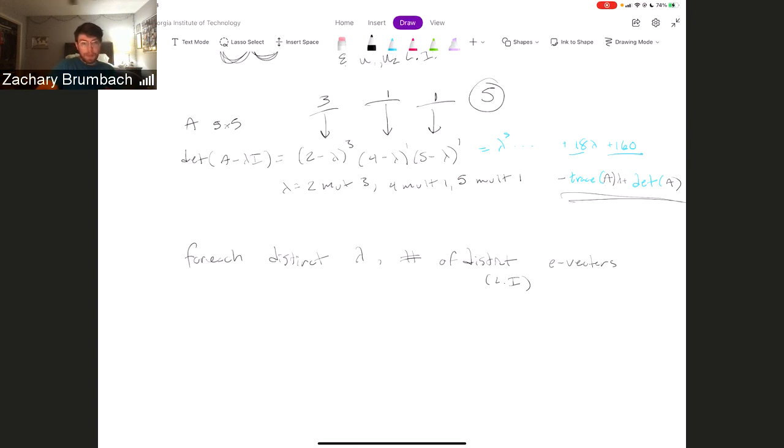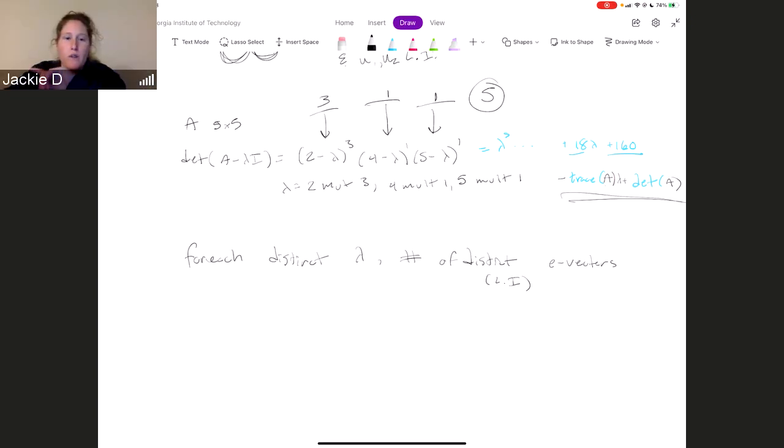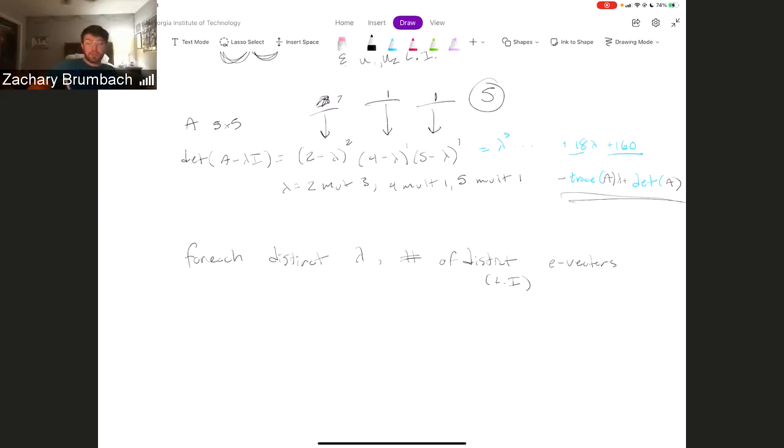So, question. If the first eigenvalue was raised to the power of 4, would that still hold? It would not. Okay, that makes sense. And if it was raised to the power of 2, it would hold. If it was raised to the power of 2, this would have to be 2, but yes, it would hold, because you can never have more geometric multiplicity than algebraic. That's just a rule.